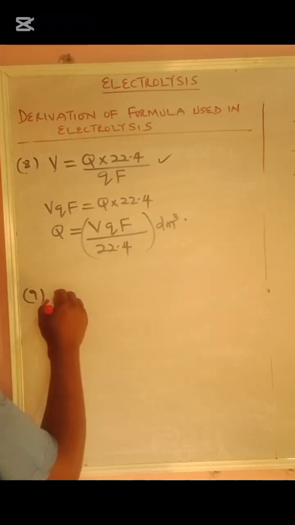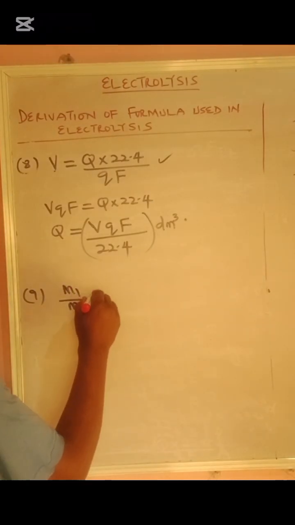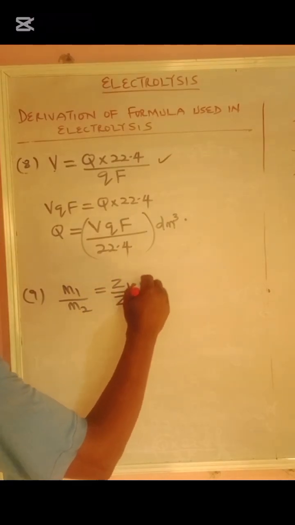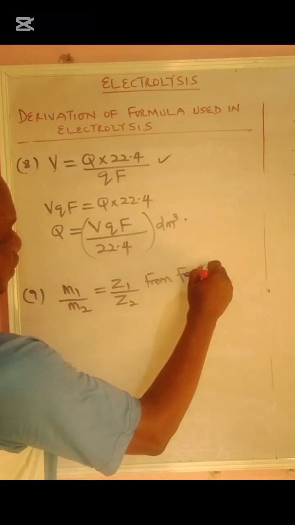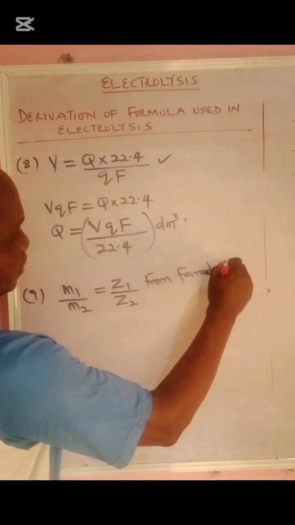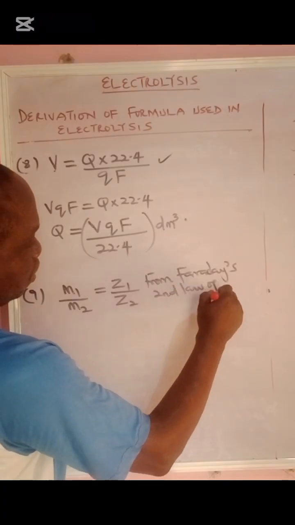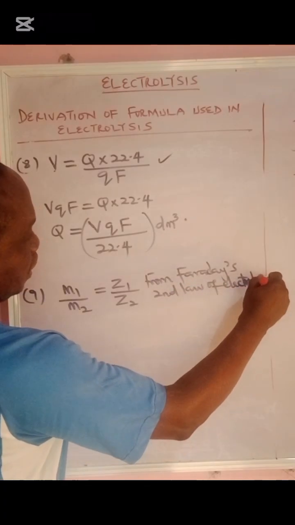We have M1 over M2 is equal to Z1 over Z2. This is from Faraday's second law of electrolysis.